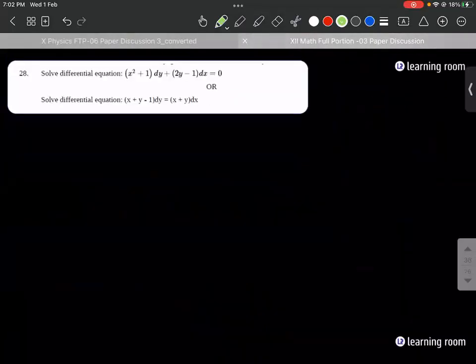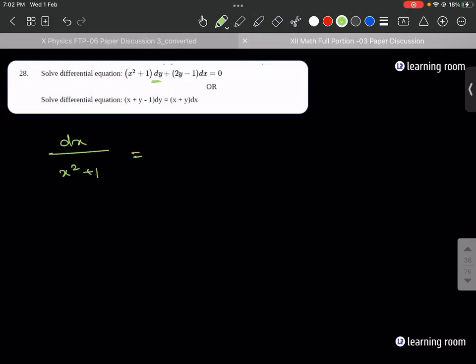Okay. Solve the differential equation (x square plus 1) into dy plus (2y minus 1) into dx. So it's very simple. Variables separable. dx divided by x square plus 1 is equal to dy divided by 1 minus 2y. So basically, when this goes to the other side, I took the minus sign outside. So integrate on both the sides.